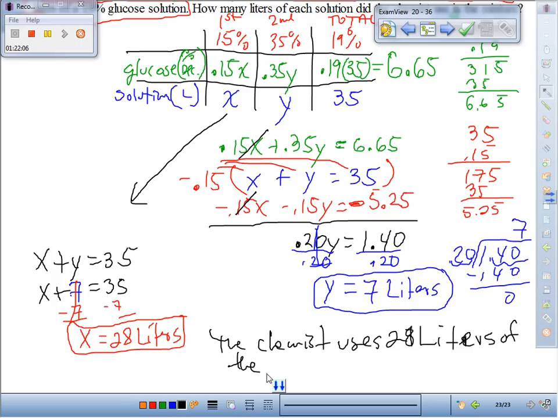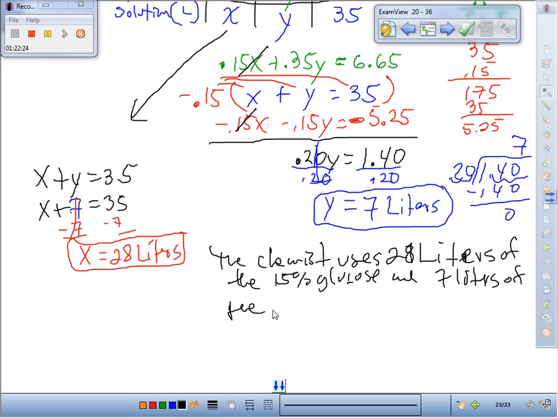Yeah, I did that on purpose to see if you were paying attention. 28 liters of the 15% glucose and 7 liters of the 35% glucose.